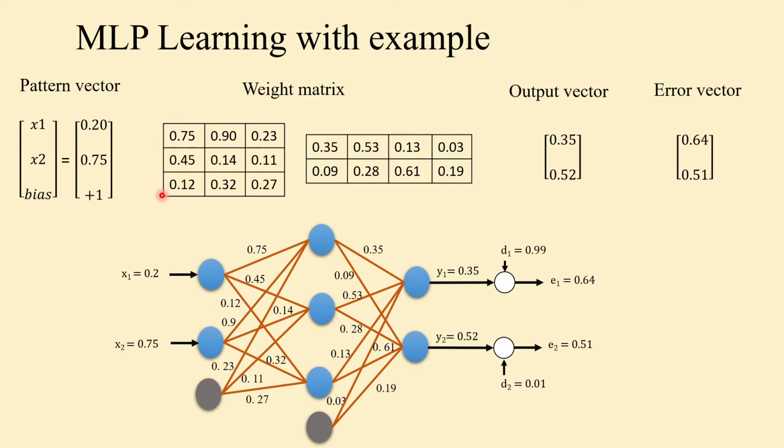The reason is, always remember, this side represents the next layer neurons, and this side represents the current layer.